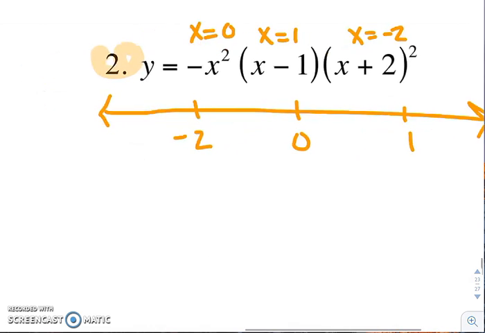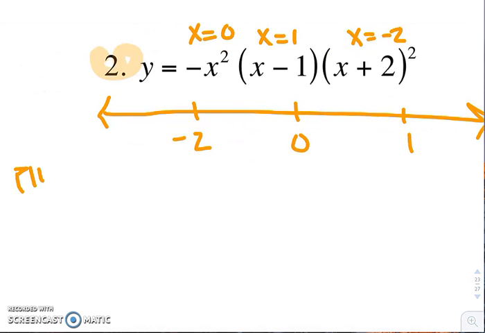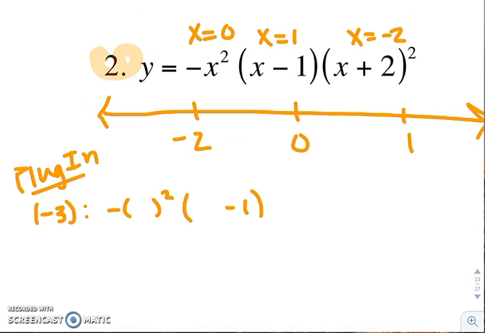You can plug in anything less than negative 2, so I'm going to plug in negative 3. Anywhere that you see an x, you're going to plug in the value negative 3.